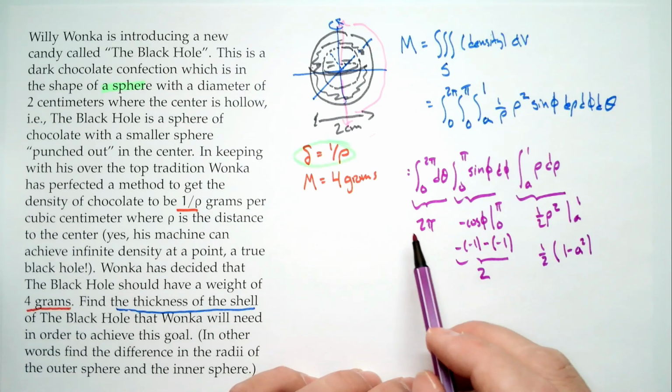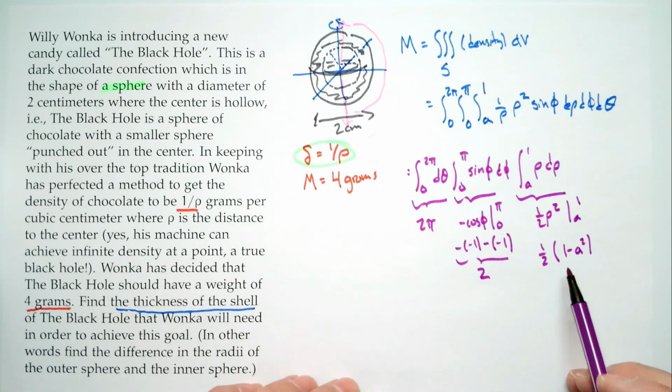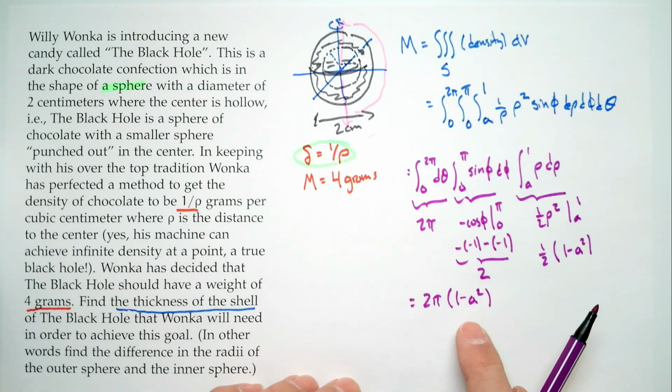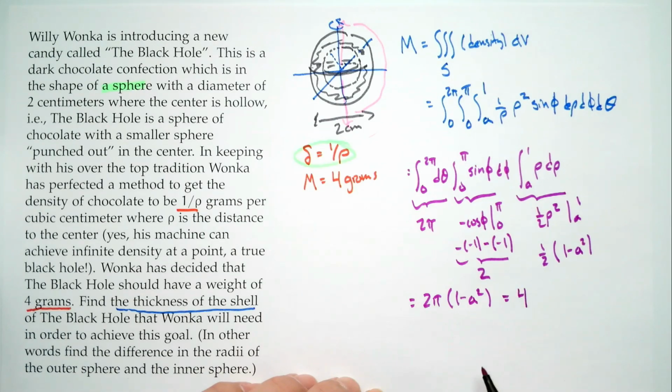All right, so if you multiply the 2 pi times the 2 times the 1/2 times 1 minus a squared, well, the 2 and the half cancel. So this becomes 2 pi times 1 minus a squared. Now, that's our mass. What do we know about our mass? It's got to equal 4.